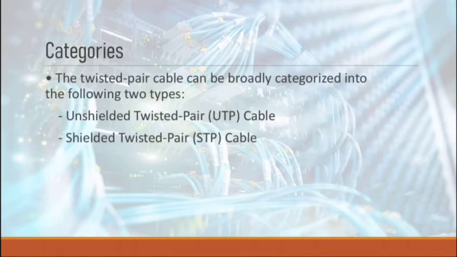Twisted pair cable can be broadly categorized into two types: the unshielded twisted pair cable or UTP and the shielded twisted pair cable or STP.